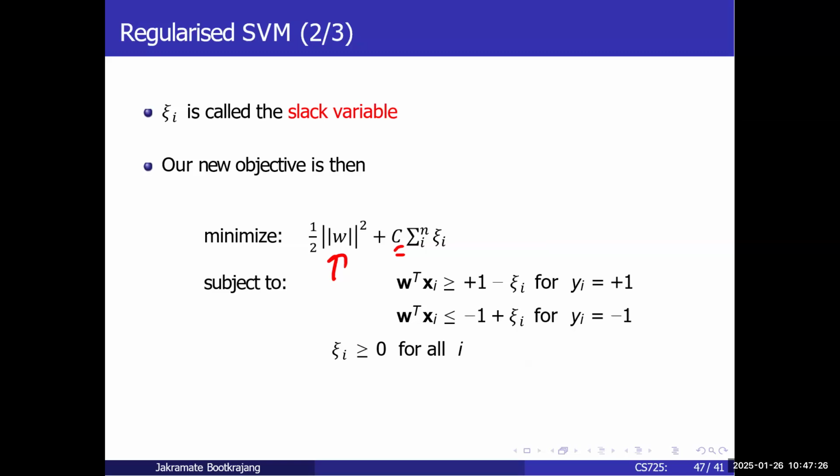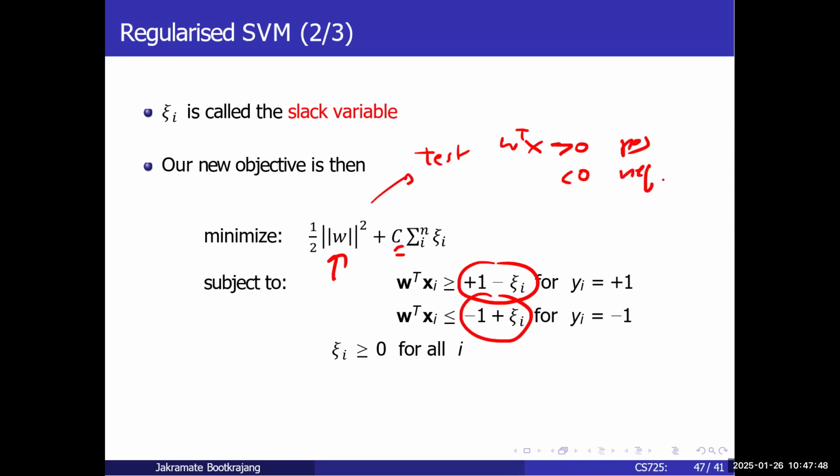And then when you want to do a prediction, because this is just the condition for the training data, when you want to use this on the test data, you can still say if it is greater than 0, you have the positive example, and if it is less than 0, you get the negative example.